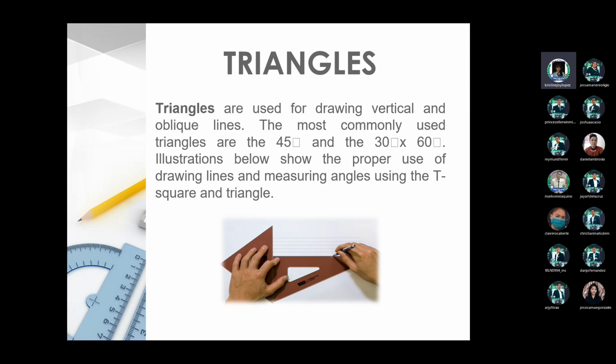So about the 30 by 60 triangle: it is a special right angle triangle, a right triangle being any triangle that contains a 90-degree angle.